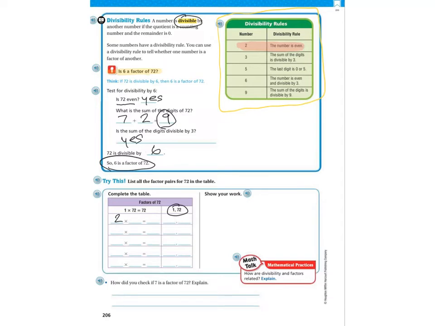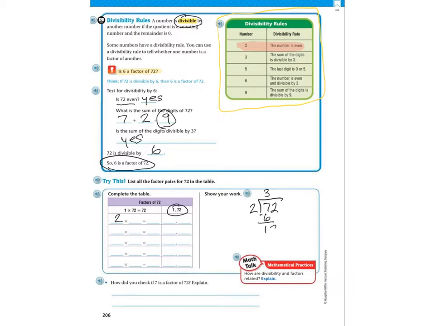So now for us to actually solve this, what we need to do is divide. So going back to the other page, let's take 72 and divide it by 2. 7 divided by 2 would be 3. Multiply. 3 times 2 is 6. Subtract. 7 minus 6 is 1.